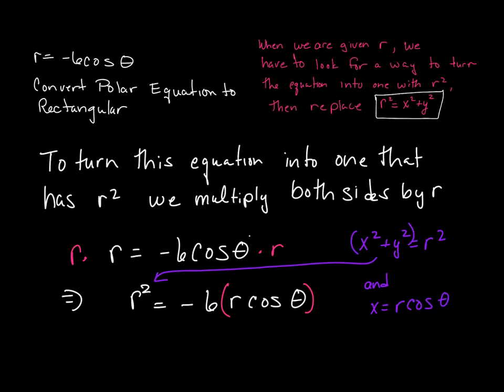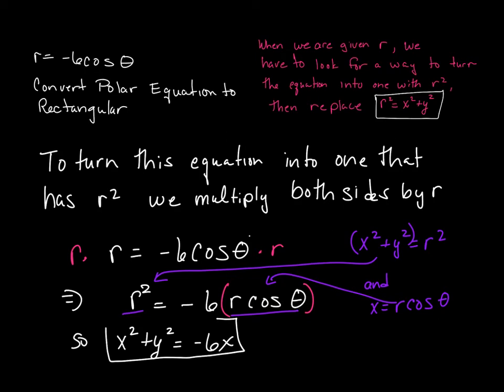So instead of writing r cosine of theta, I replace all of that with x. And my polar equation is now a rectangular equation. X squared plus y squared is equal to -6x. And that's it.